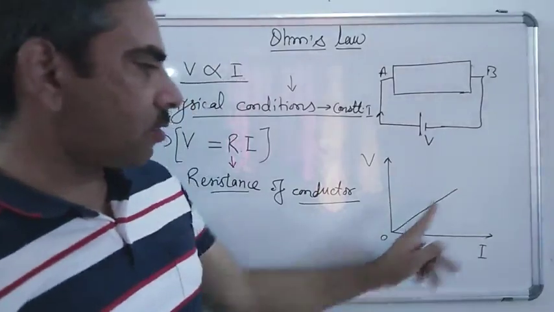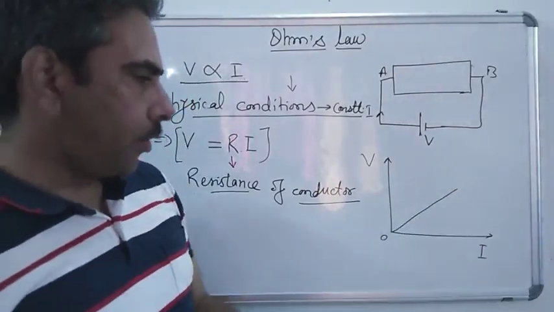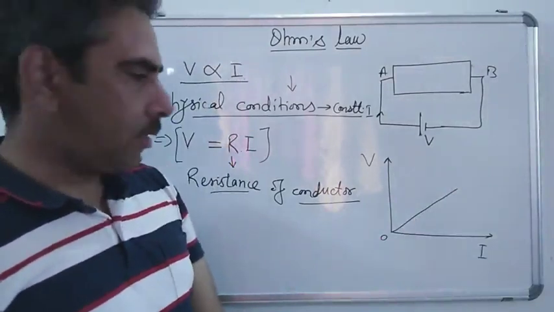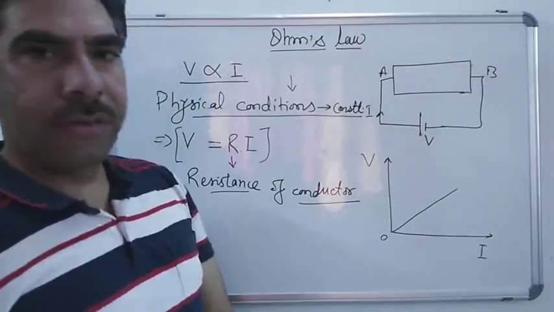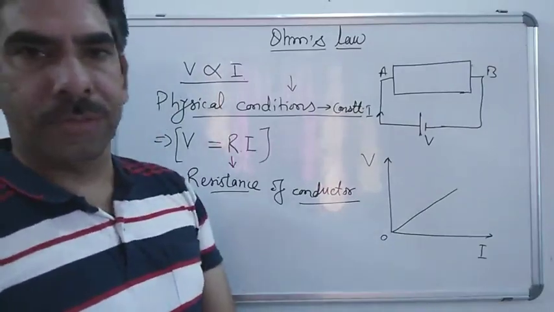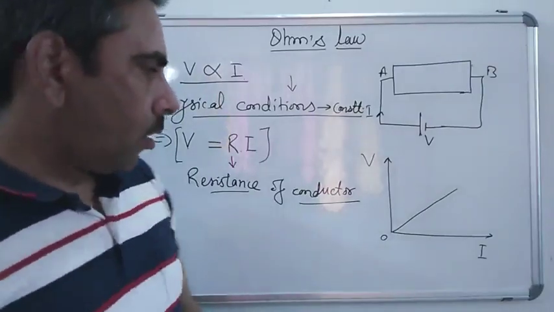This graph will be a straight line inclined to both the V axis and the I axis. Such a proportionality between V and I is called Ohm's law.